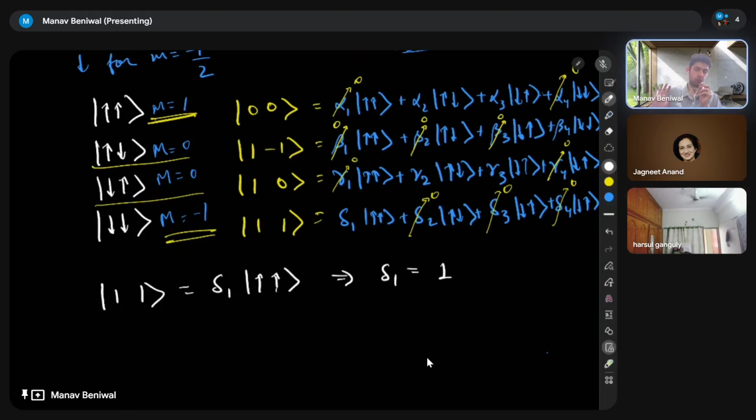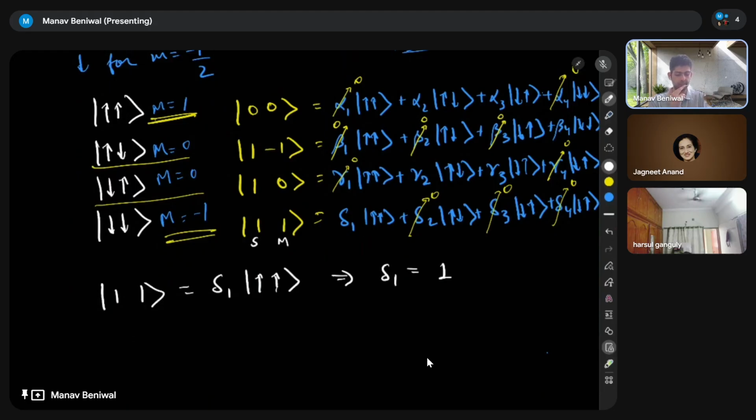So whenever we want to find the Clebsch-Gordan coefficients, just remember the state with the highest weight. Here S is maximum and M is also maximum, so this is the state with the highest weight. Its Clebsch-Gordan coefficient is always 1, because there is only one possible way of representing it.